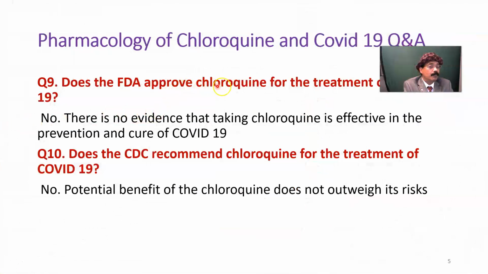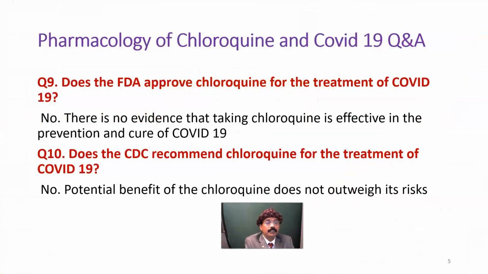Does the FDA approve chloroquine for treatment of COVID-19? No. There is no evidence that taking chloroquine is effective in the prevention and cure of COVID-19. Several months back, at the beginning of 2020, last year, the FDA approved chloroquine use in a very controlled environment, but eventually the FDA withdrew the approval.